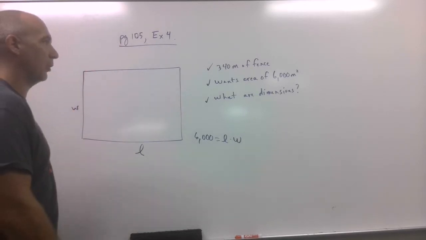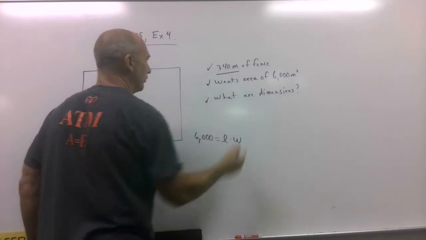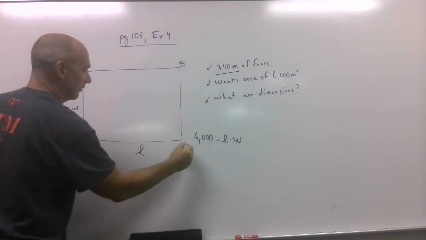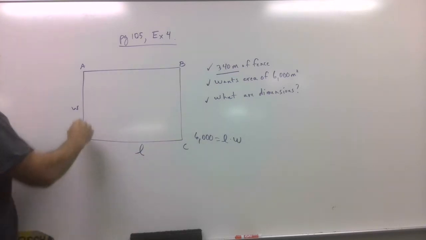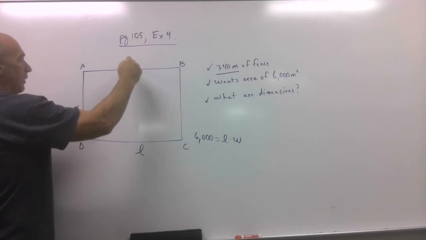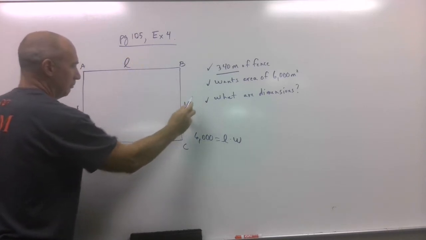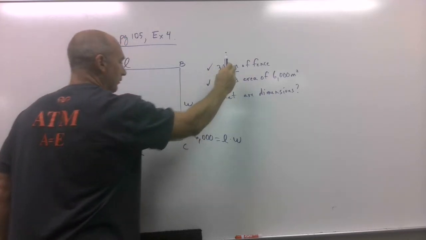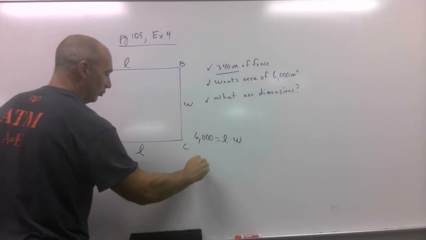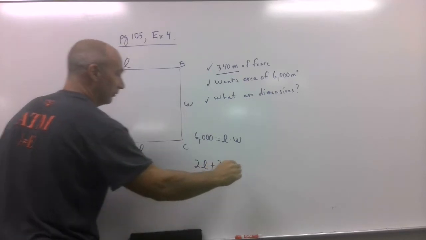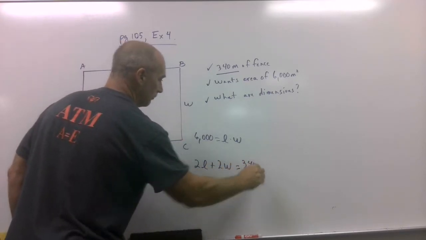Also, if we know that she has 340 meters of fence, that means if I go from point A to B to C to D and then back to A, that whole perimeter, this length plus this width plus this length plus this width is going to add up to 340. So that means 2L plus 2W equals 340.